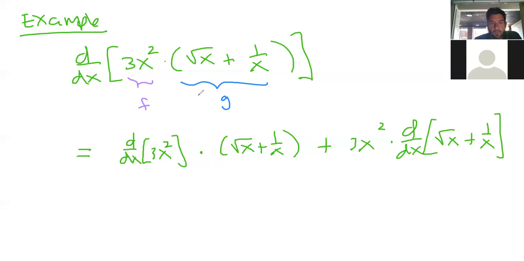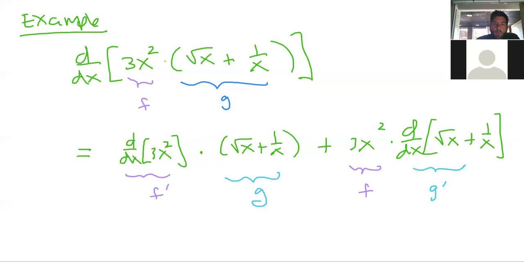So if we use our color coding annotations, this is f prime, this is obviously f, and then this is g, and then this is g prime.